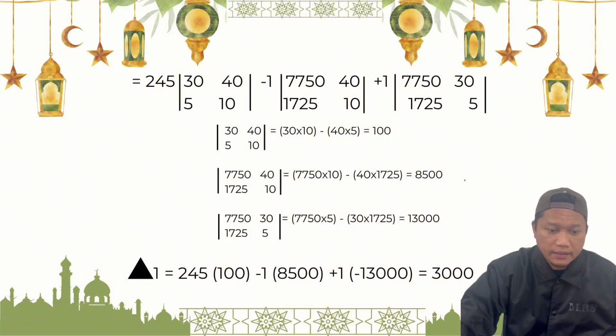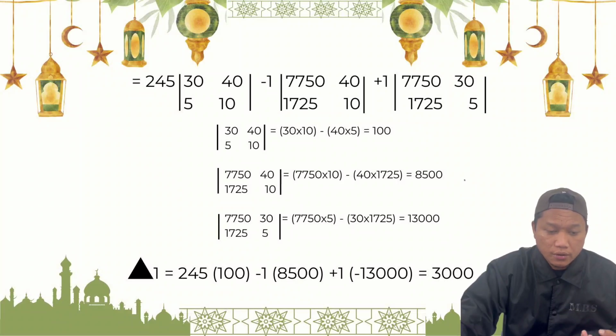Third determinant [7,750, 30; 1,725, 5] equals 7,750 times 5 minus 30 times 1,725, equal to negative 13,000.